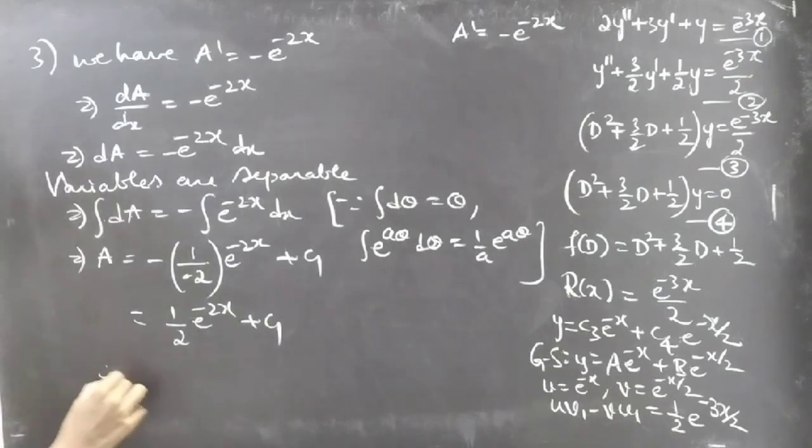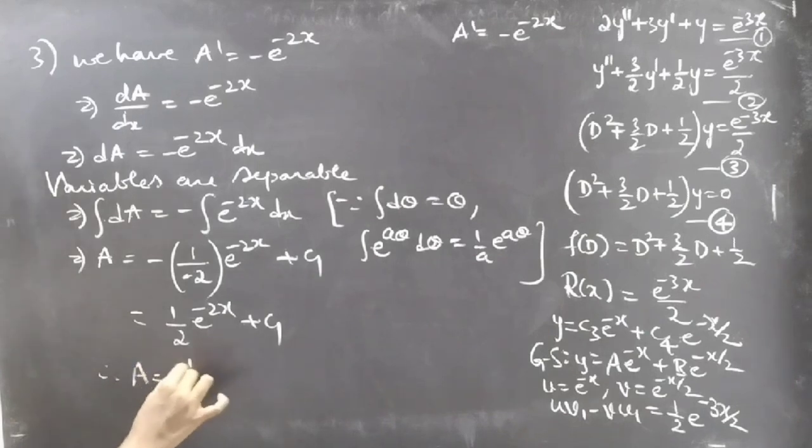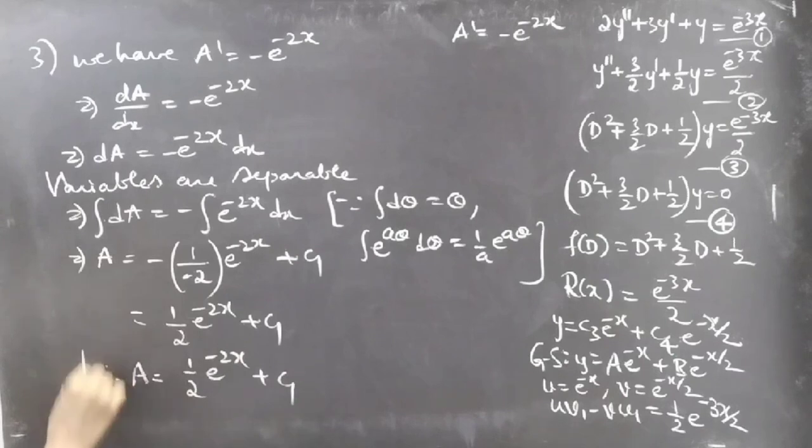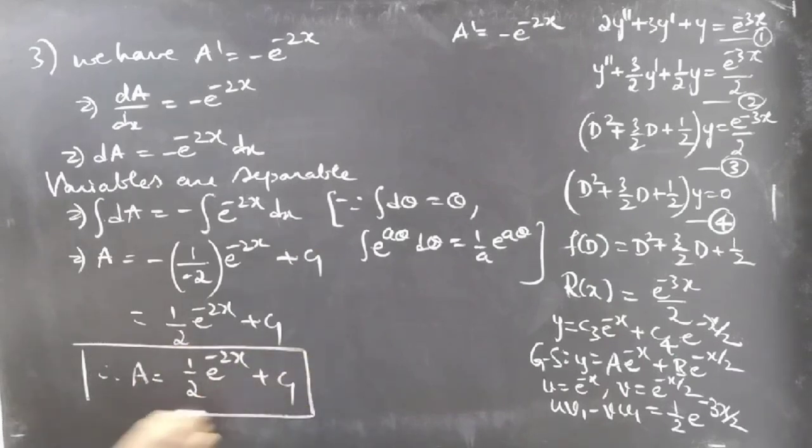Therefore, A equal to 1 by 2 e power minus 2x plus c1. Let's now find B dash and B.